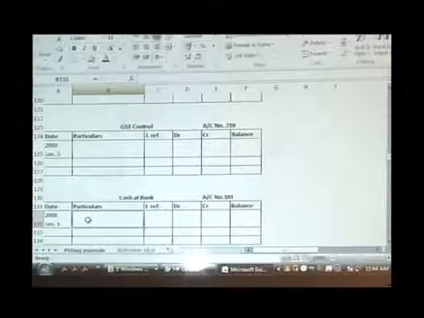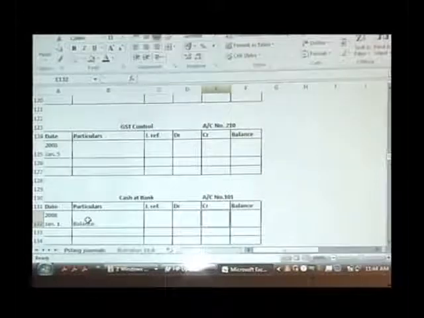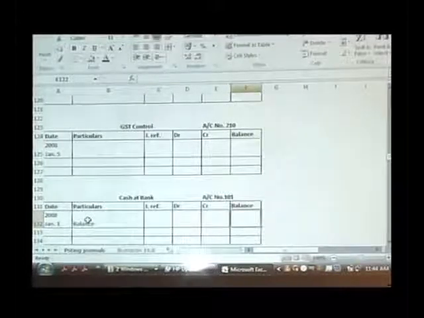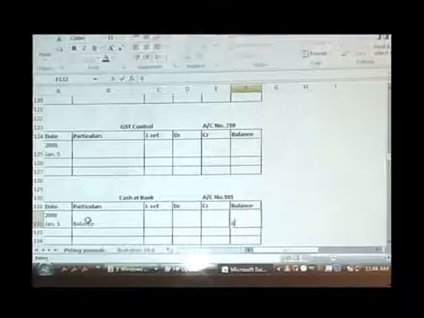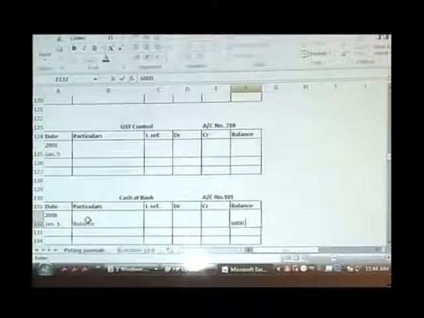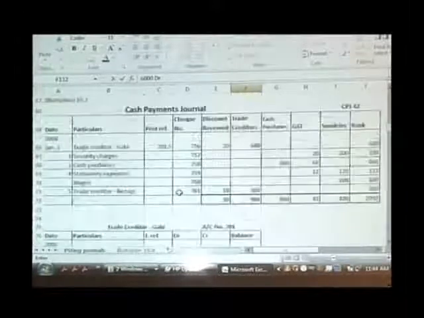And for cash at bank account, this is the first thing you should do, balance, and for balance there is no journal reference, remember. The cash at bank account shows a 6,000 opening balance.